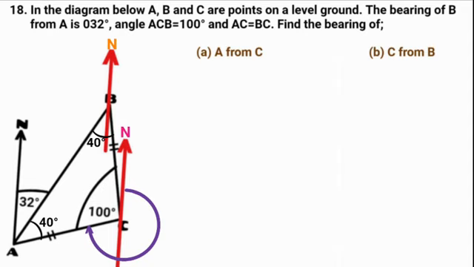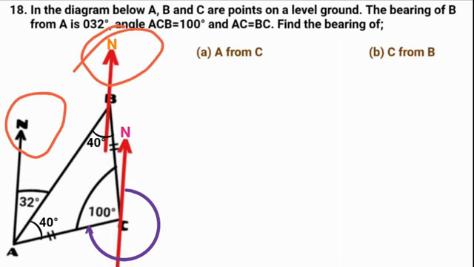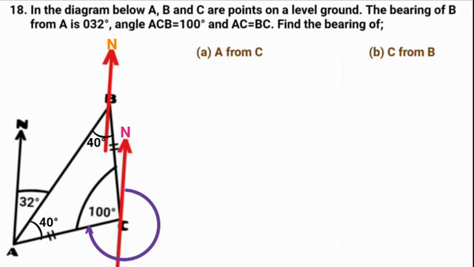Therefore, we are going to consider this line and this line. These are two parallel lines. And then this line here, which is line AB, is a transversal. So when you treat line AB as a transversal, that means this angle here, 32 degrees, is equal to this angle, where we can see 40 here.